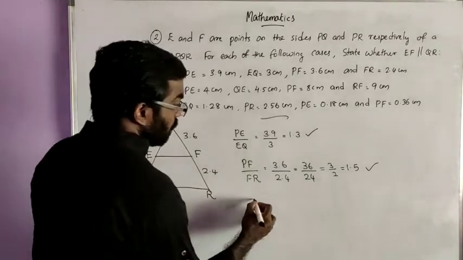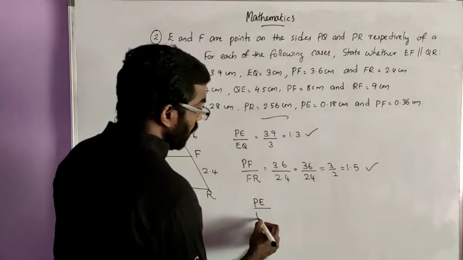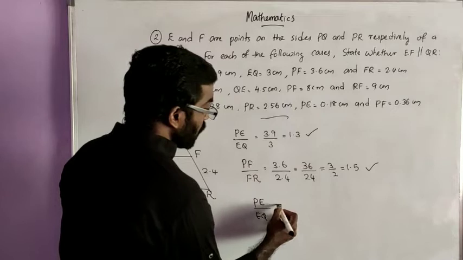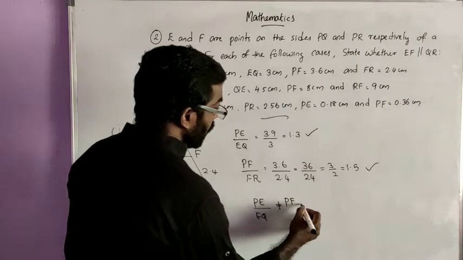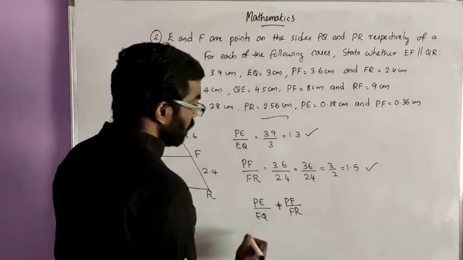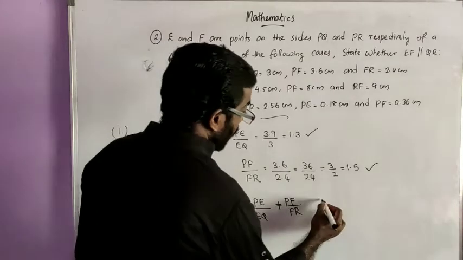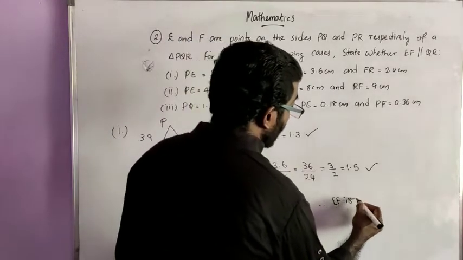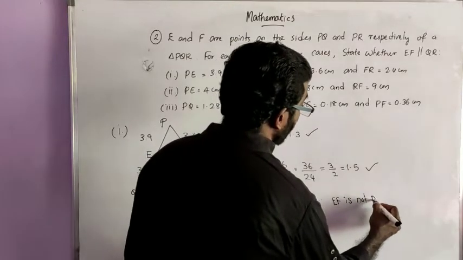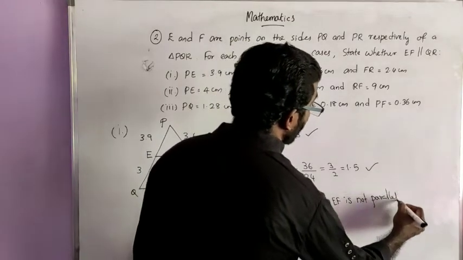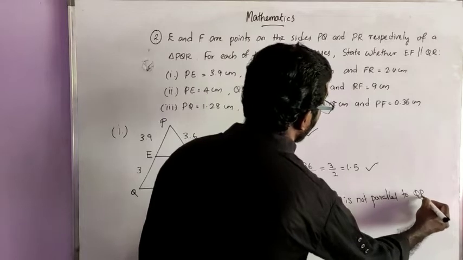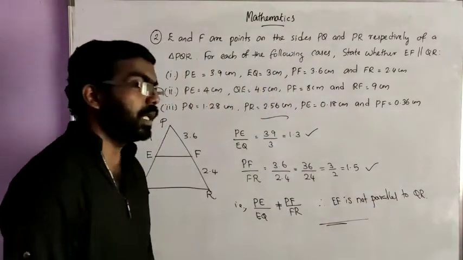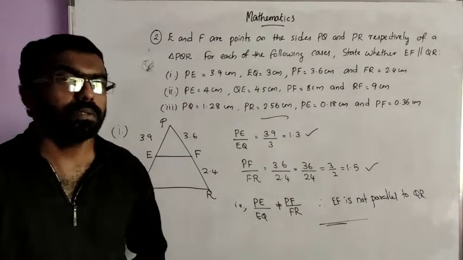But here PE by EQ is not equal to PF by FR. Therefore, we can conclude EF is not parallel to QR.